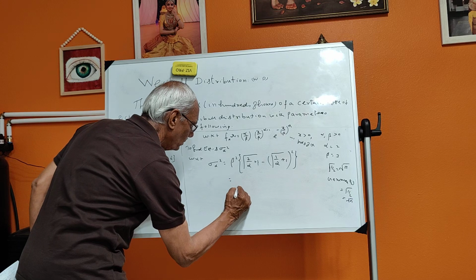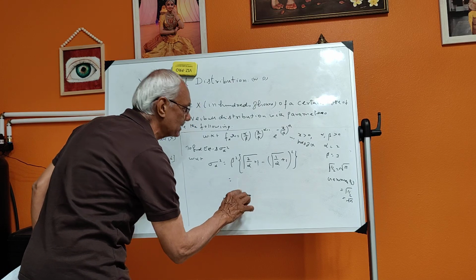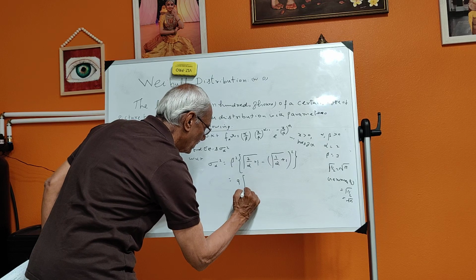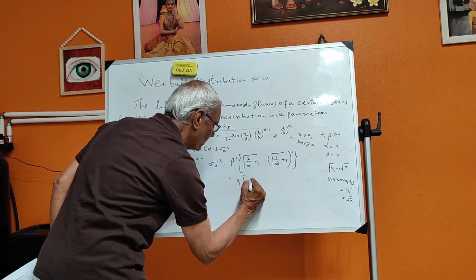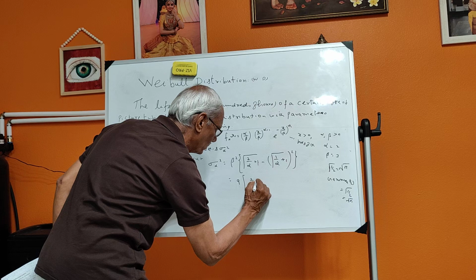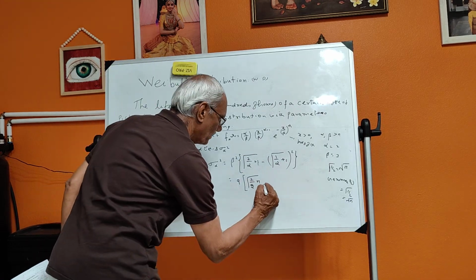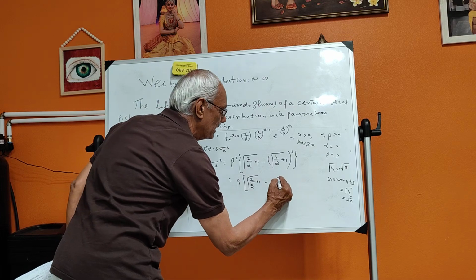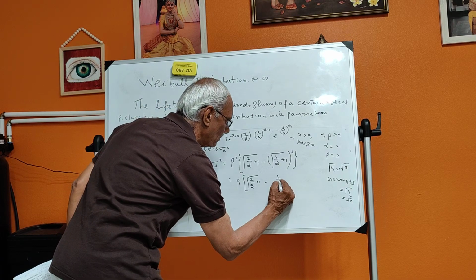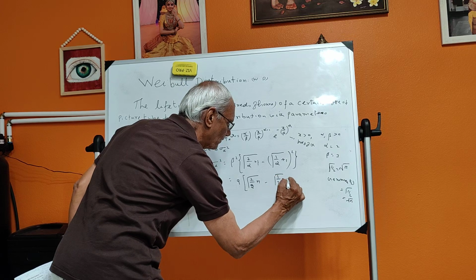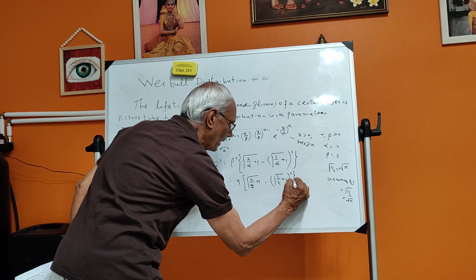So this is equal to beta square; beta is 3, so it is 9 into [gamma of (2/2 plus 1) minus (gamma of (1/2 plus 1)) whole square].